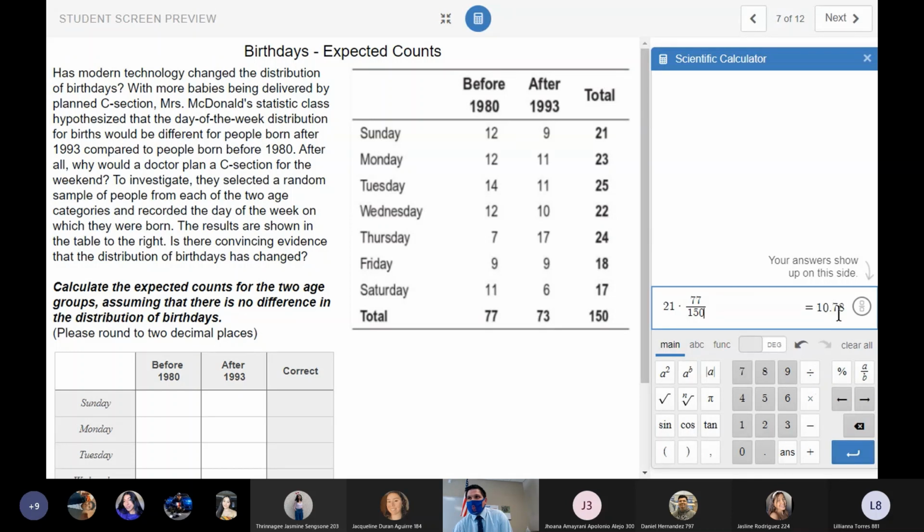We get 10.78. That's what goes in here. Then go to the next one.